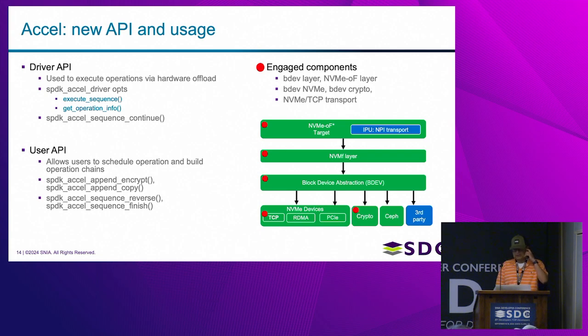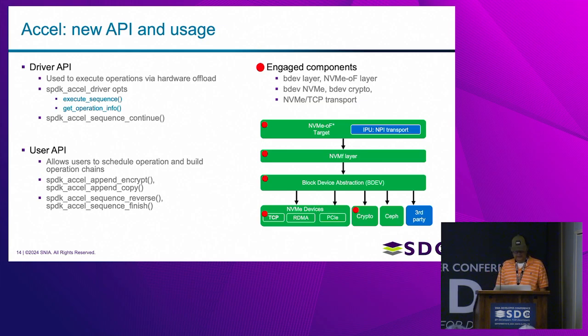So these are some of the new APIs and usages that you can find in the documentation also. There are these SPDK Accel driver ops, and within that we introduced APIs such as execute sequence, get operation info, and SPDK Accel sequence continue.